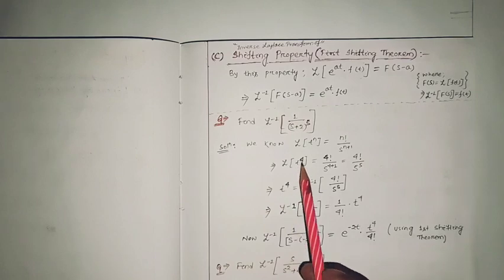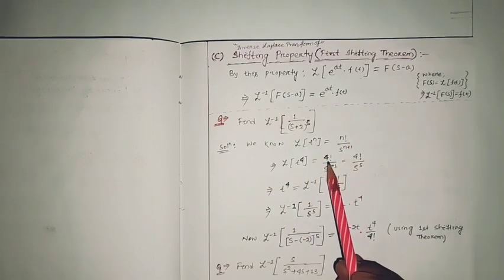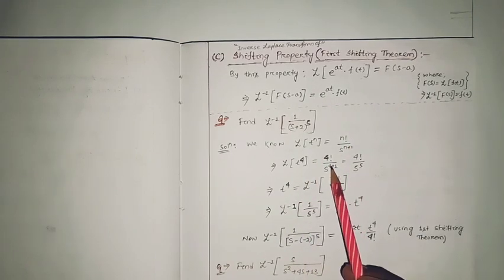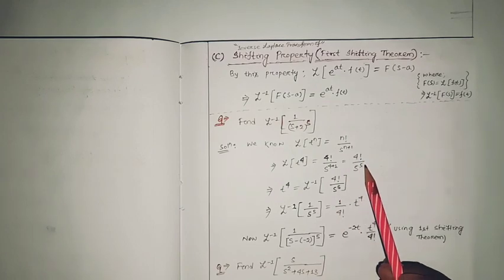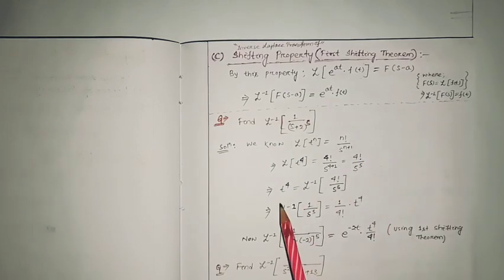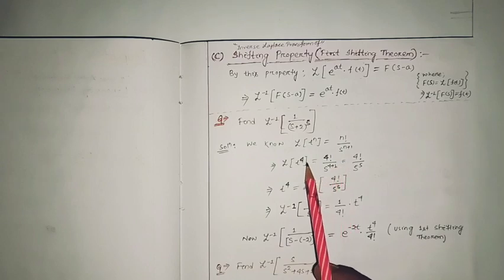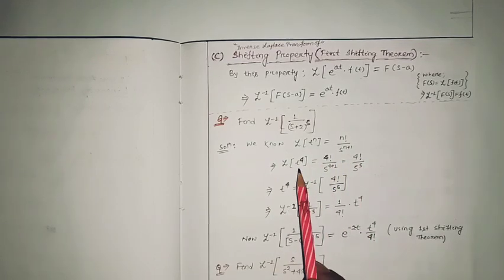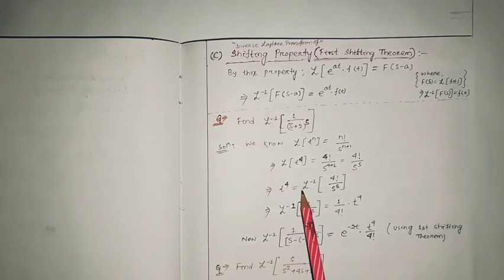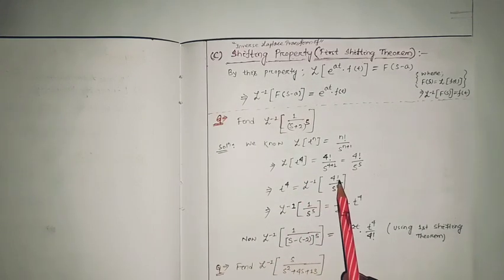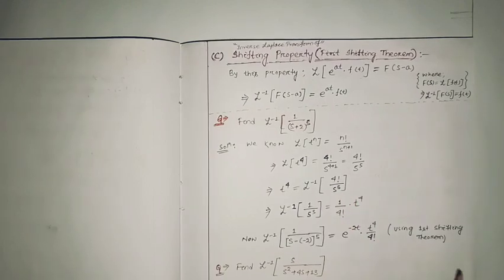So if we consider n equal to 4, obviously this will be 4 factorial by s to the power 4 plus 1, or 4 factorial by s to the power 5. That implies t to the power 4, if I apply the inverse Laplace transform on both sides, equal to the inverse Laplace transform of 4 factorial by s to the power 5, right?